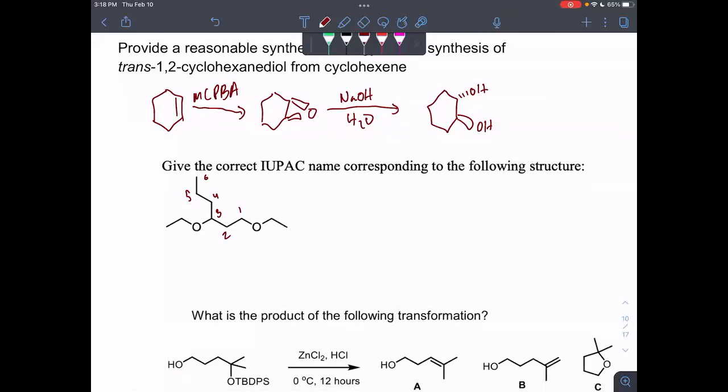Yes, diethoxy, because as a substituent, ethers are alkoxy, and then the alk is whatever is attached on this side. So these are both ethoxy, so we can just do diethoxy. And then what numbers is each ethoxy on? 1,3. Yeah, so what's the final name? 1,3-diethoxyhexane. Yeah, that's all.